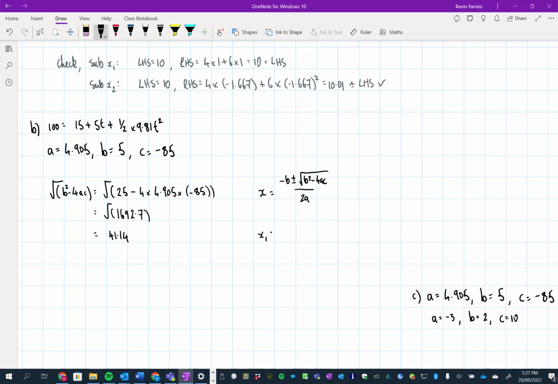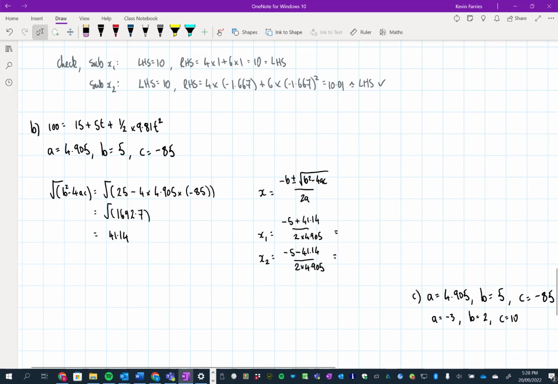Therefore, we're going to get two solutions. x1 is going to be negative b plus 41.14 over 2 times 4.905, and then the other solution is going to be negative b minus 41.14 over 2 times 4.905. Okay, so negative b is 5. We calculated this already, 2a is 4.905. Let me just calculate both of those.